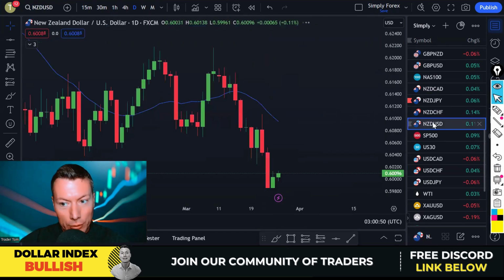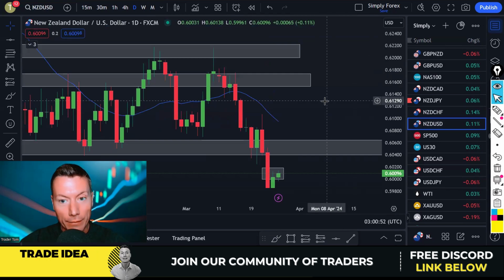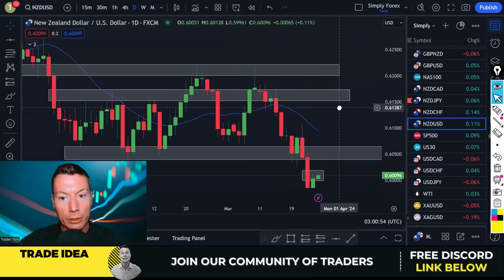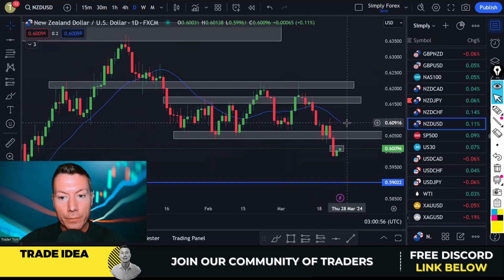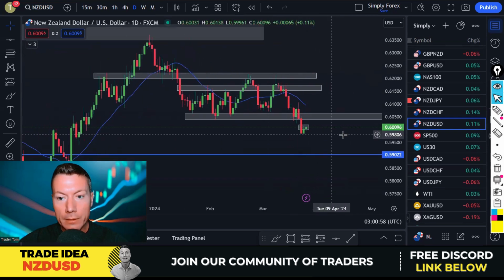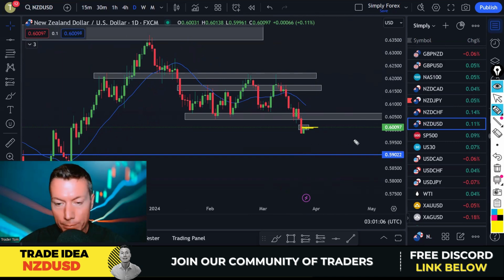Now, surprise, surprise, the trade I do like for today is New Zealand US dollar, right? Why do I like this one the most? Because this has room to move into. A lot of the others were at lows or at resistance or support. This isn't. As soon as it's broken this level, it is in free air.